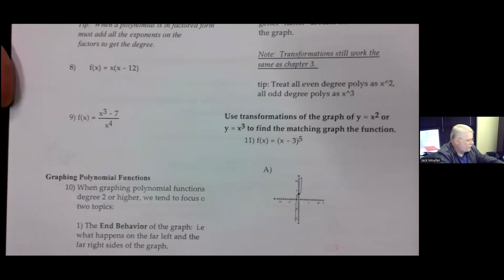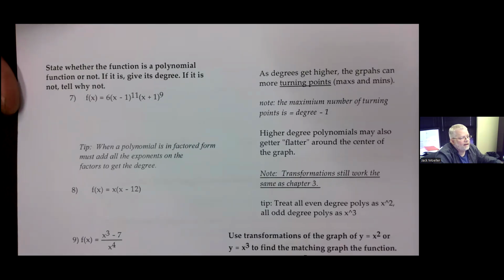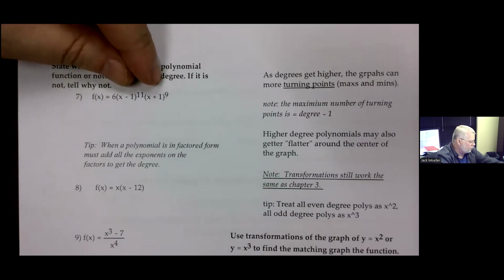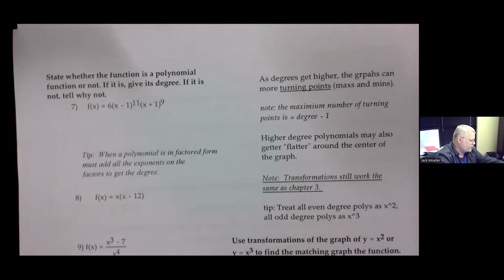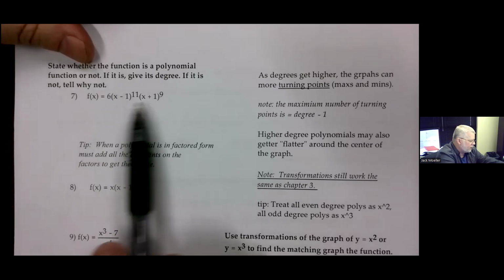All right, so how about number 7? Is that a polynomial? This one is what we call factored form. Notice that it's not like x squared plus x fifth plus x sixth. It's got these factors.